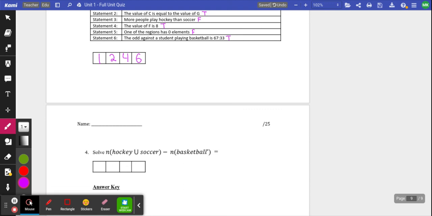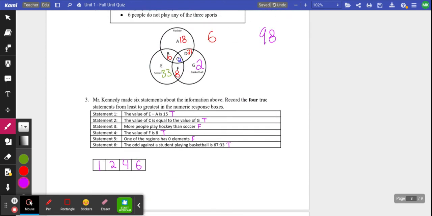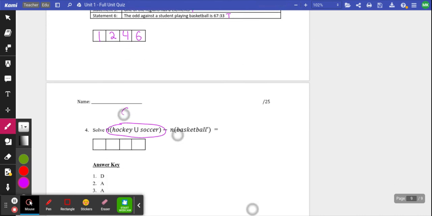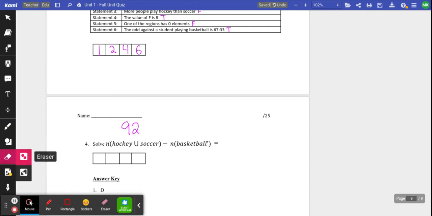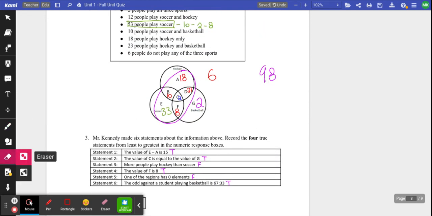And last one, the number of people who play hockey or soccer minus the number of people who don't play basketball. So you go up here, you add everyone in hockey and in soccer. Add all those numbers I just put a circle around. If you add all those numbers up, it should give you 92, minus the number of kids who don't play basketball.